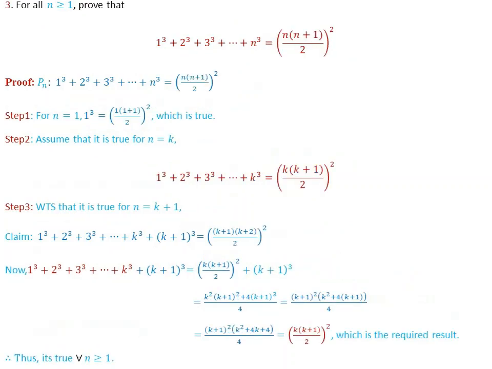Number 3. For all n greater than or equal to 1, prove that 1 cube plus 2 cube plus 3 cube plus n cube is equal to (n into (n plus 1) over 2) the whole square. Now here our proposition or statement Pn is which is given here: 1 cube plus 2 cube plus 3 cube plus n cube is equal to (n into (n plus 1) over 2) the whole square.